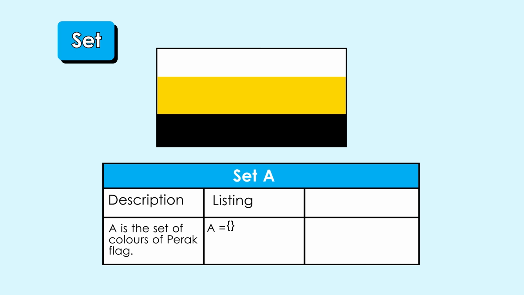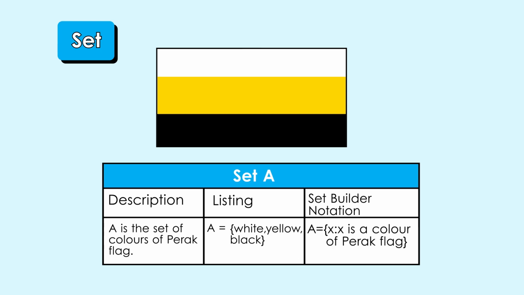A equals {white, yellow, black}. The colors white, yellow, and black are the elements in set A and are separated by a comma. The other alternative representation of set A is using set builder notation as follows. A equals the set of all x such that x is a color from the Perak flag.